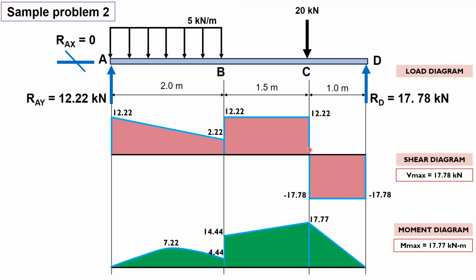For segment BC, ang shear value ay 12.22. And considering point C, na may dalawang segment na CB and CD, itong 12.22, which is positive, is the shear value to the left of C. While the negative 17.78 shear value is to the right of C. Kasi ito ay sa segment CD na, na-solve using the shear equation for segment CD.